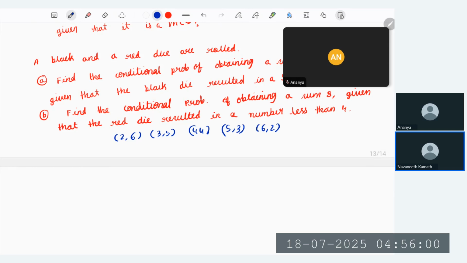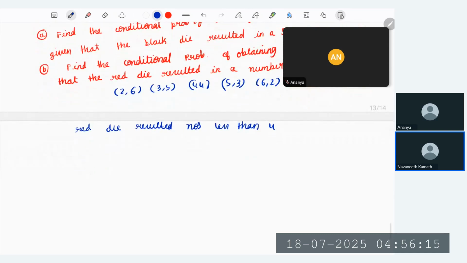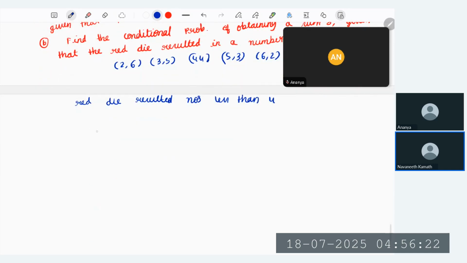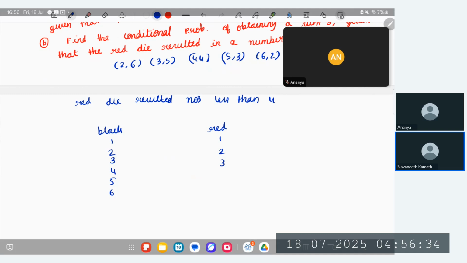Now they are saying the red die resulted in a number less than 4, right? So if I take black and red, black has possibilities of 1, 2, 3, 4, 5, 6. Red has only possibilities of 1, 2, 3, not even 4, because it is less than 4.